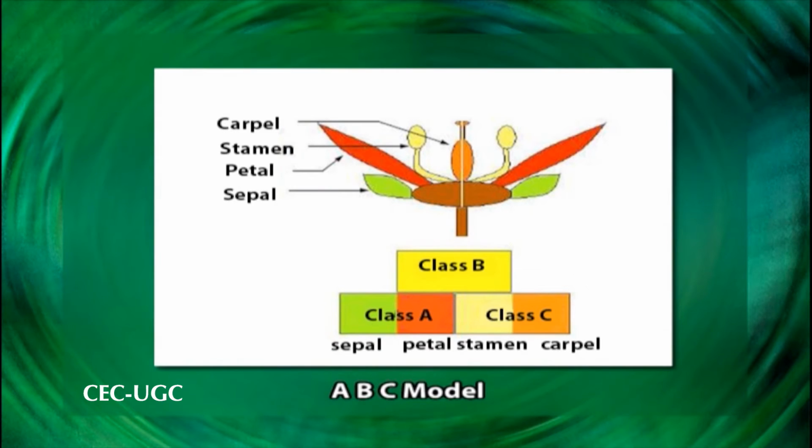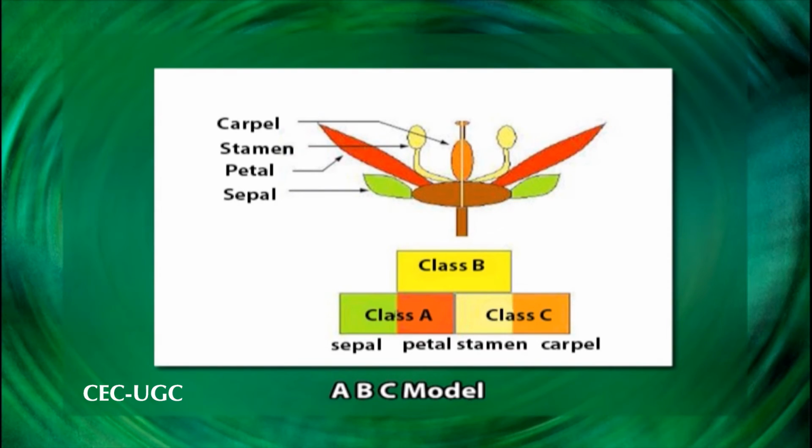The floral organ identity genes then define four concentric whorls: sepals, petals, stamens and carpels. A model properly known as the ABC model of floral organ identity was proposed by Meyerowitz and Coen. It attempts to explain the interactions of the different genes that control the process of floral organ identity.